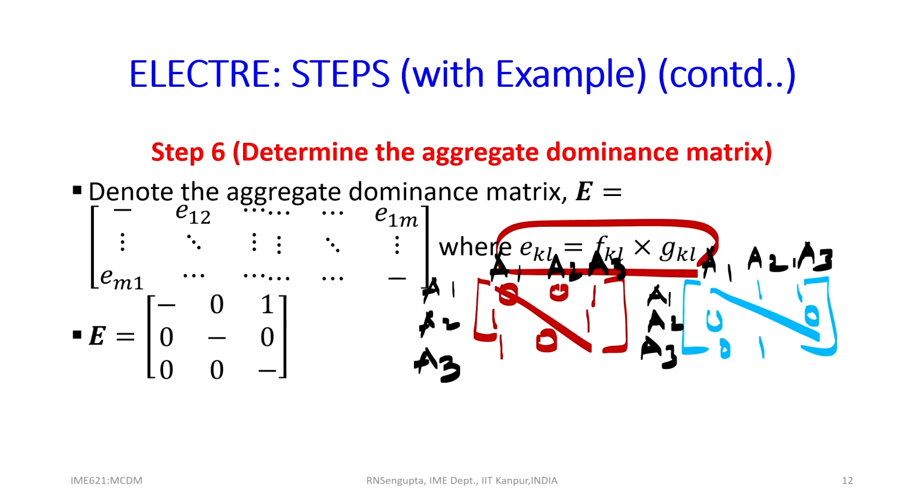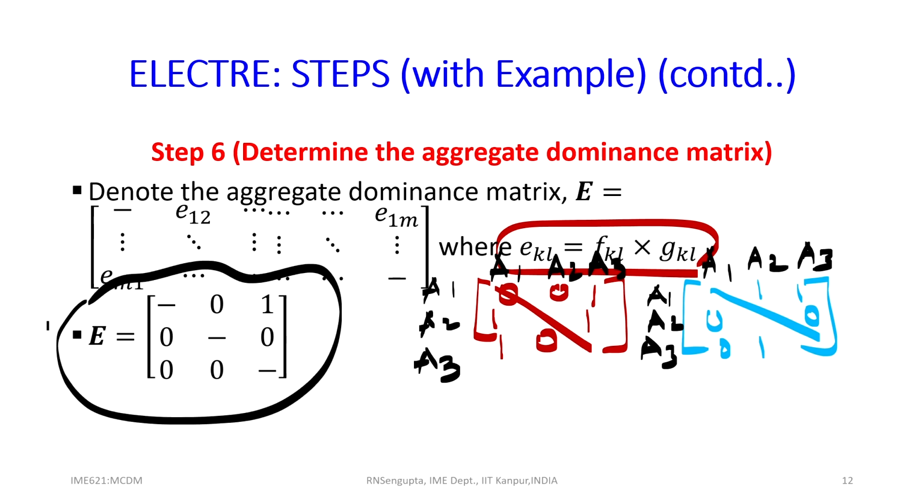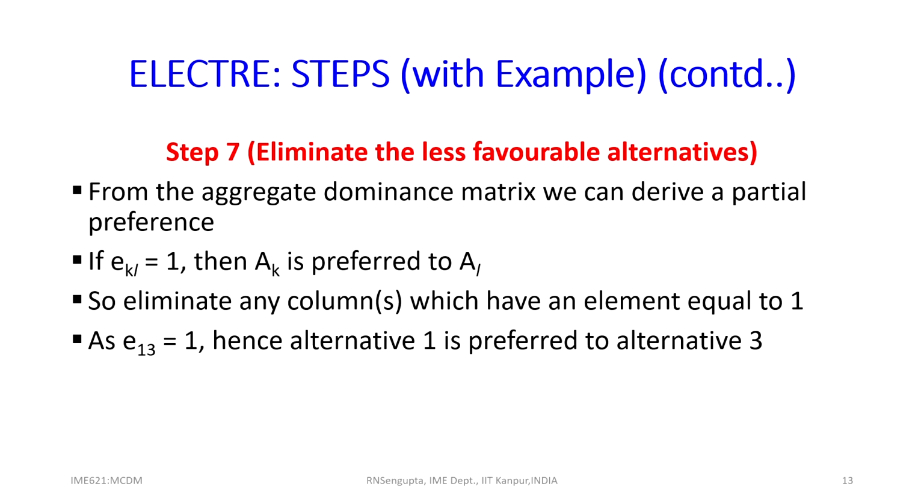When I multiply them, 0 into 1 is 0, 1 into 1 is 1, 1 into 0 is 0. So, all the values are calculated based on concordance and discordance, and the final aggregate dominance matrix based on concordance and discordance is given.